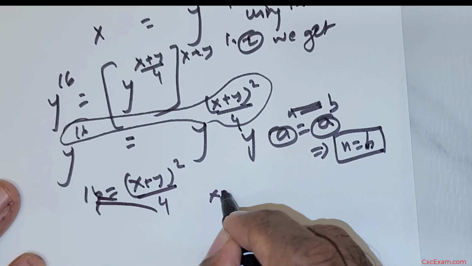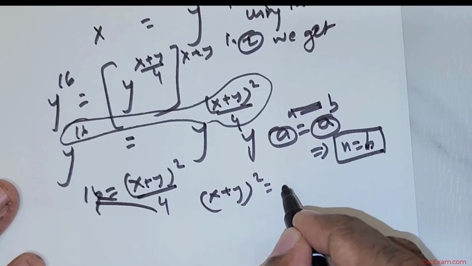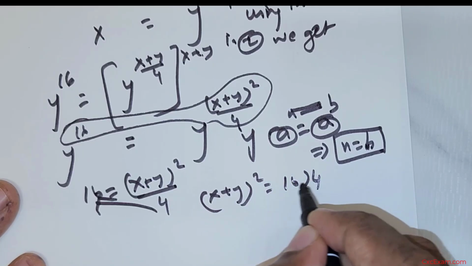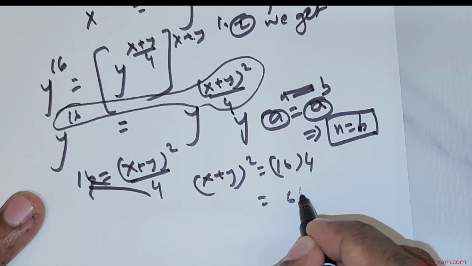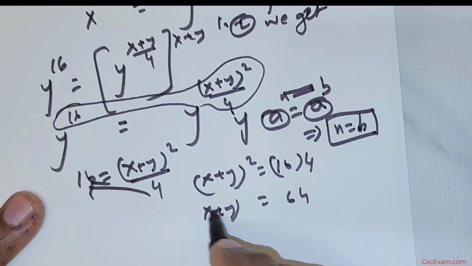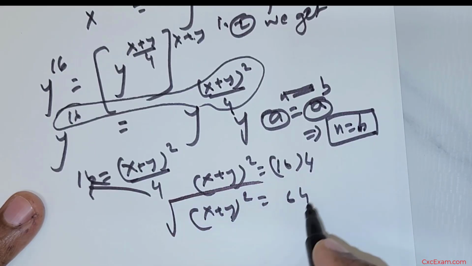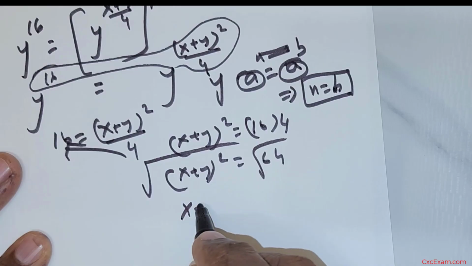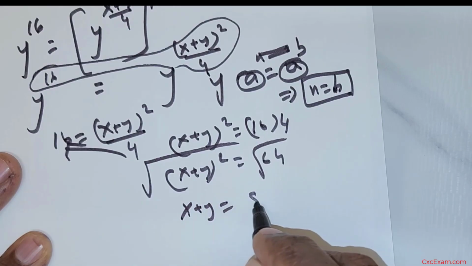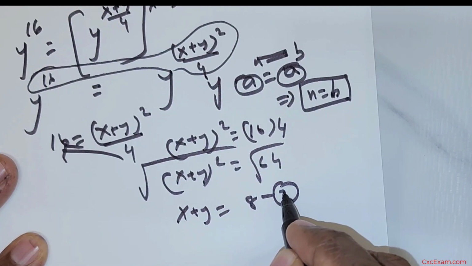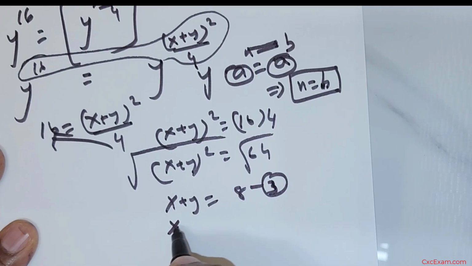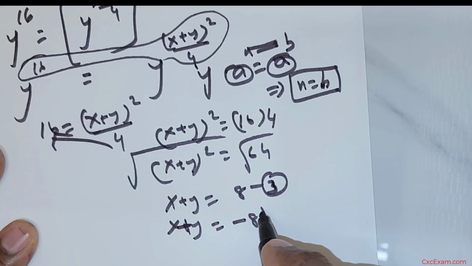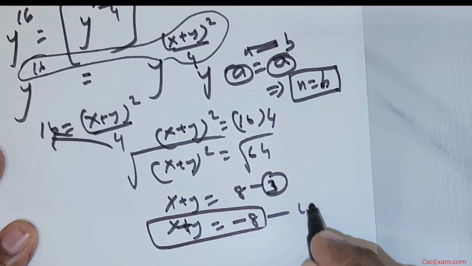You cross multiply, you get (x+y)^2 is equal to 16 multiplied by 4. 16 times 4 will give you 64, so (x+y)^2 is equal to 64. You take square root on both sides, you get x+y is equal to 8, that is one system, say probably I'll name it as 3. Then x+y is equal to negative 8, that is the next system, so I'll name it as 4.